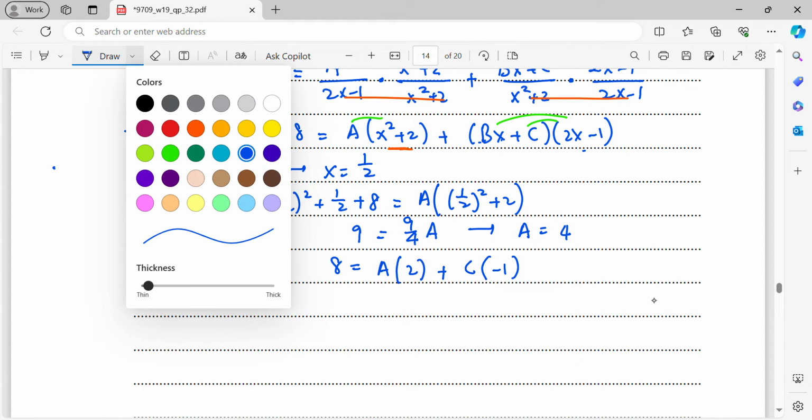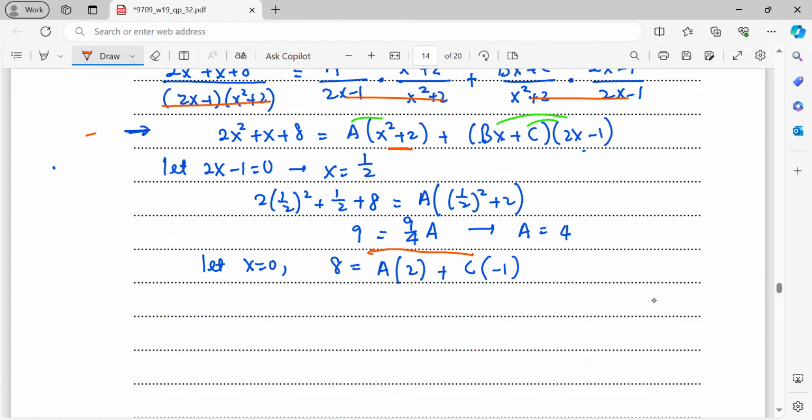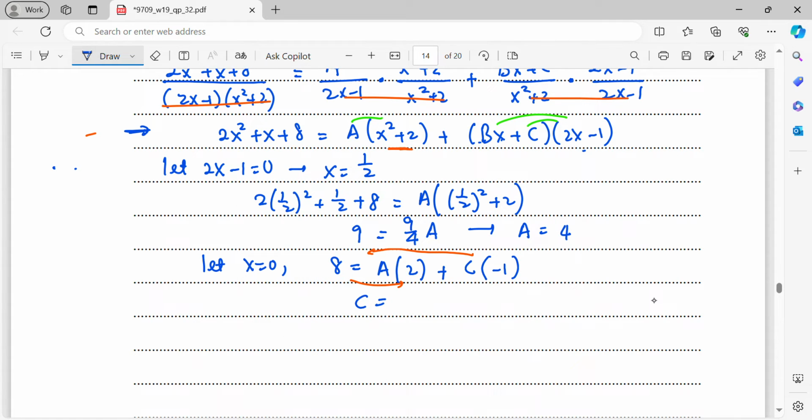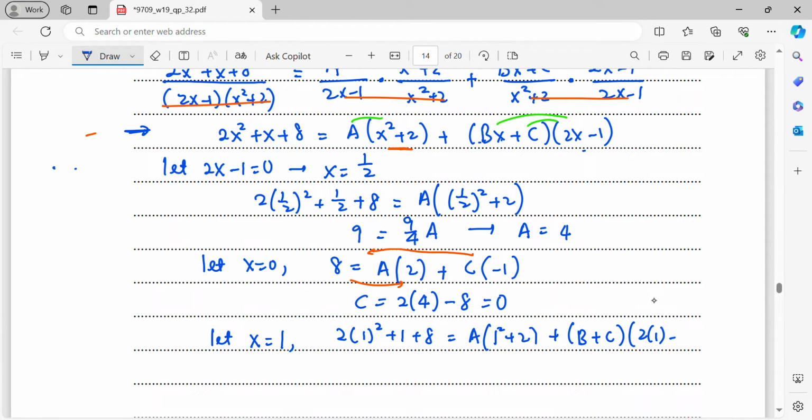Then from here, to get C, I will move this minus C to the left side and 8 to the right side. Therefore, I will get C equals 2A, 2 times 4 because my A is 4, then minus 8, which is 0. Now I will let x be any other number, let's say 1. For the left-hand side, 2 times 1 squared plus 1 plus 8 equals 2A bracket (1 squared plus 2) plus B times 1, which is B, then plus C bracket (2 times 1 minus 1).